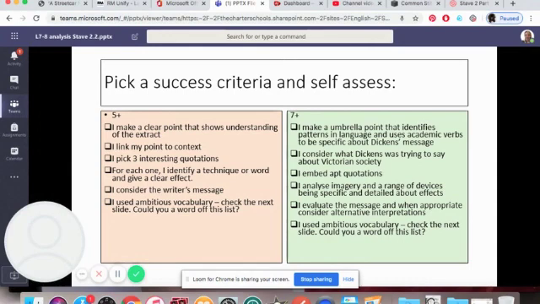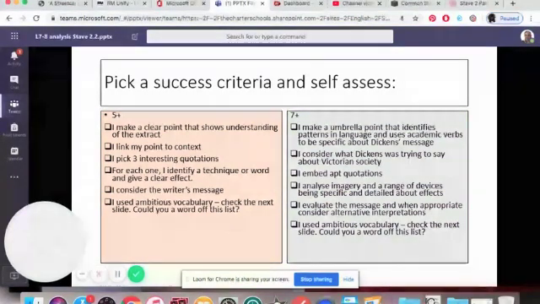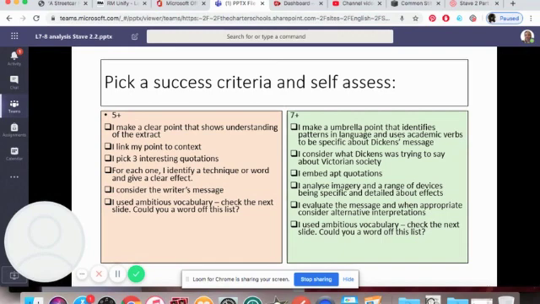Grade 5, 3 interesting quotations. Grade 7, the most appropriate quotations, embedded well. Grade 5, identify a technique or word and give a clear effect. Grade 7, analyse imagery and a range of devices being specific and detailed about effects. Grade 5, you consider the writer's message. Grade 7, you evaluate the writer's message. So you weigh up what the message is.